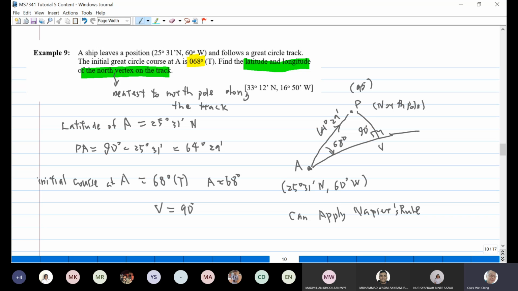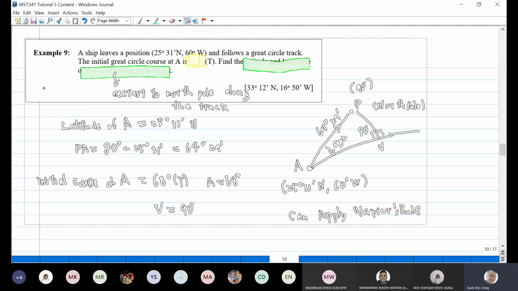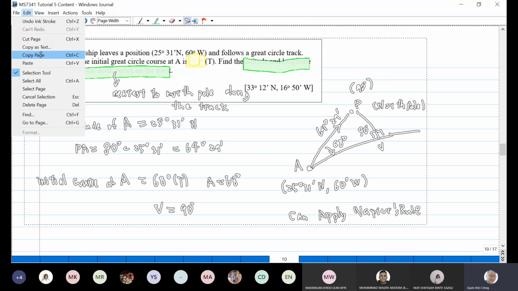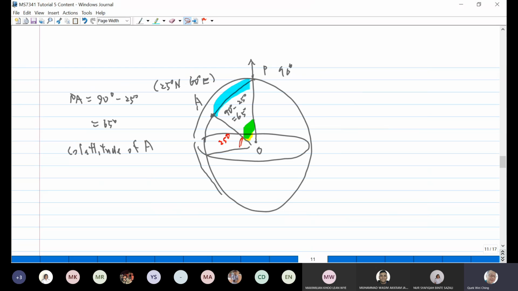So let me draw this triangle and apply Napier's rule. Fortunately this is not too complicated, only one triangle. Edit, select page, so I copy this to the next page here. This tells you the great circle distance.